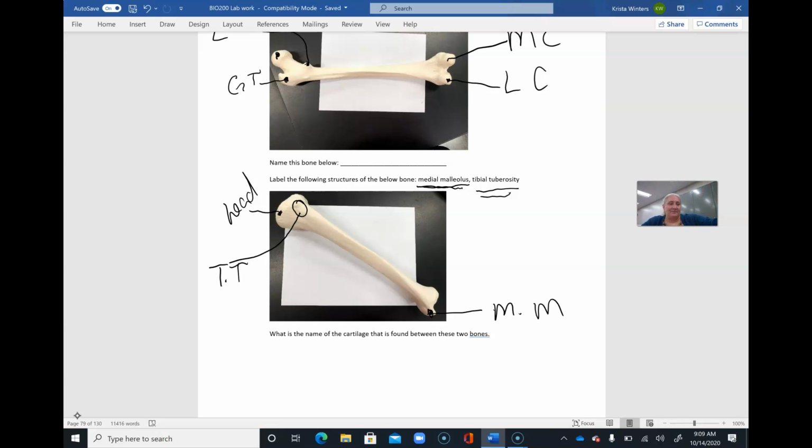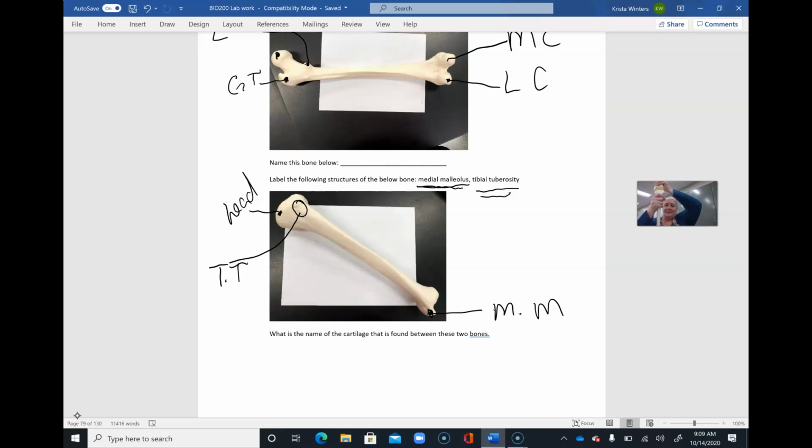Okay. And why is it medial, you might ask? The tibia is the medial bone. This is actually the wrong side, but that's okay. Hold on. I'm going to grab the right femur. It says they don't match. I have a bunch of disarticulated skeletons.